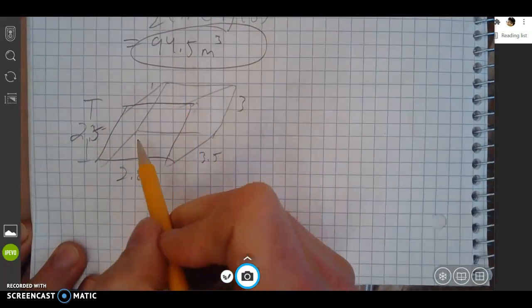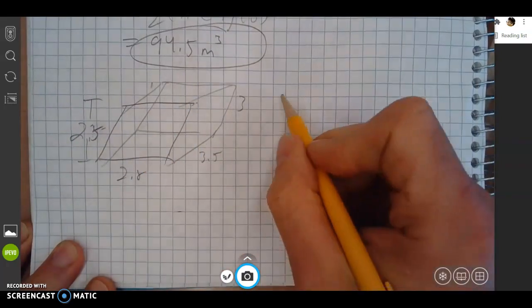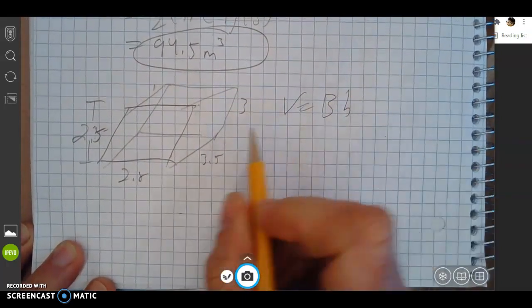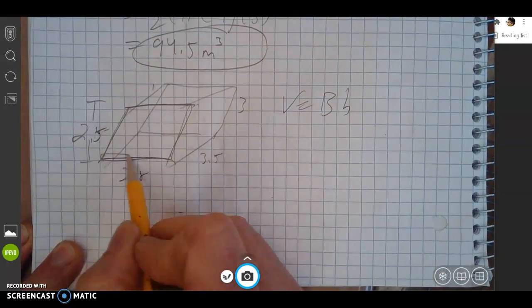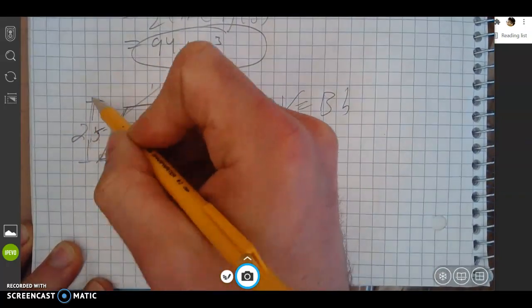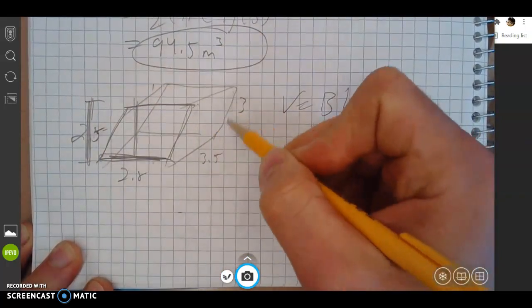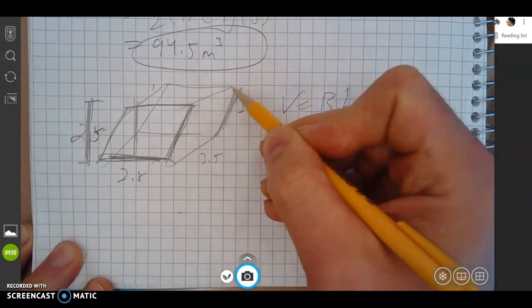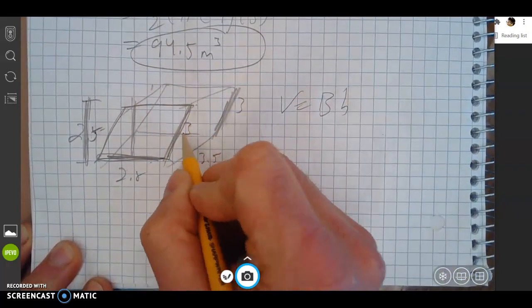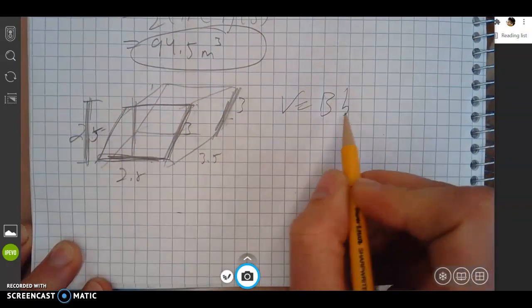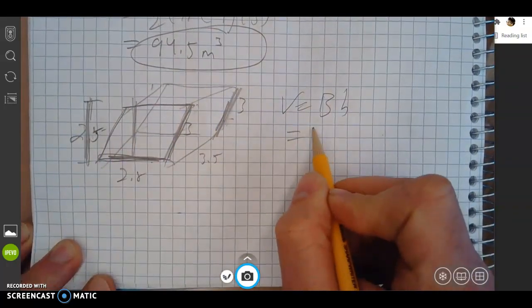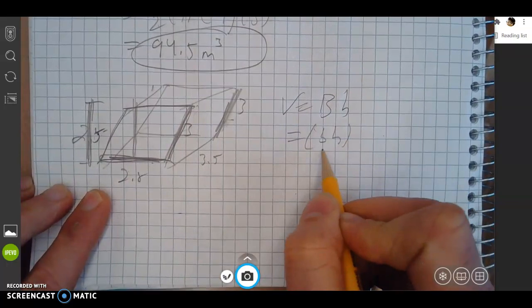So, here's my picture. So volume equals area of the base times the height. So here is the base, this parallelogram. So this is the height right here. This 3 is the diagonal. So volume is base times the height.